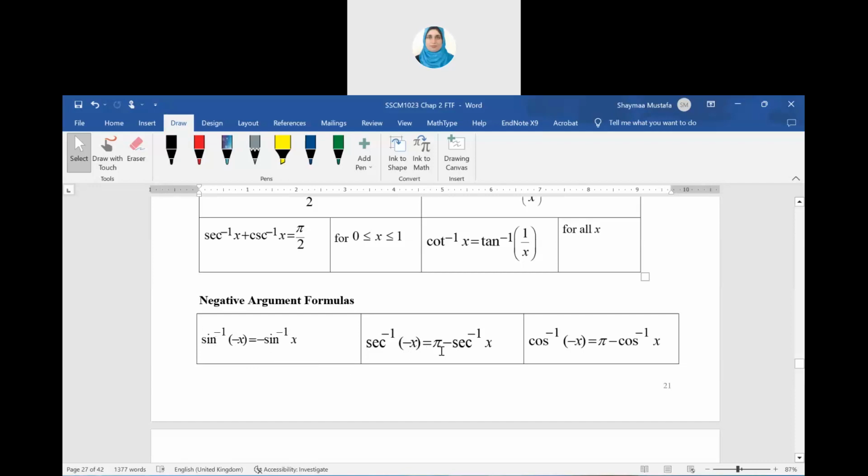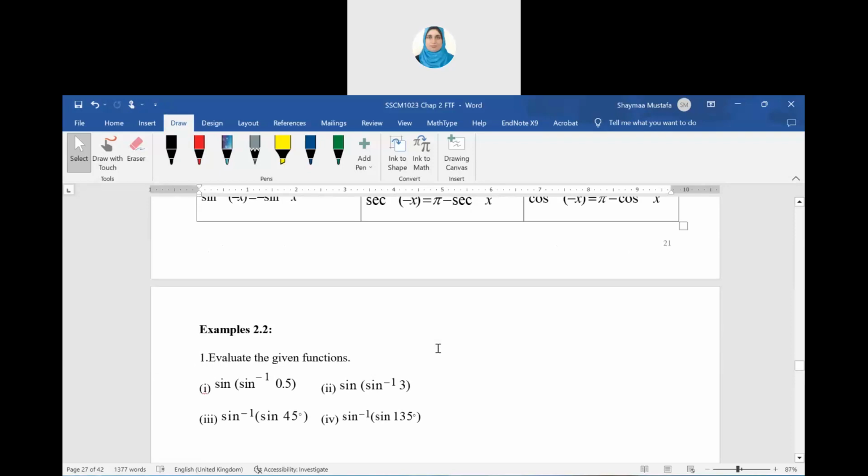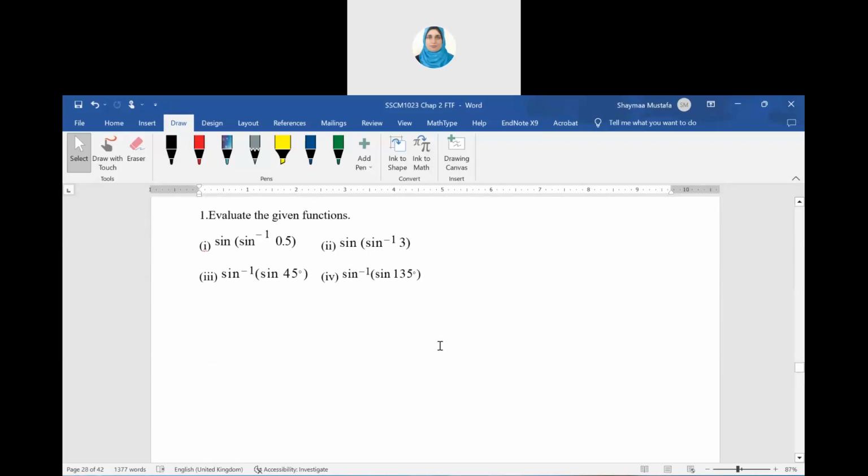Sec inverse minus x is equal to pi minus sec inverse x. Cos inverse minus x is equal to pi minus cos inverse x, because these are even functions. Any questions? Okay, if you don't have any question, we need to start the example.